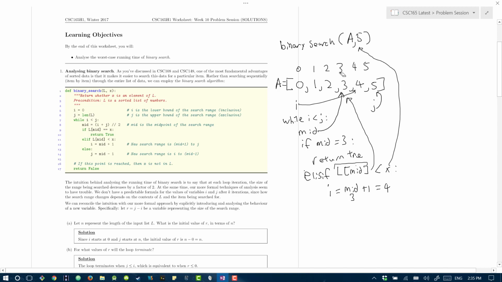And you can essentially see it checks the middle and it cuts the list in half. And now it's only looking at this part. And the same thing if we were looking for a value that's smaller than 3, like 2, then j equals the mid minus 1, and the mid is 3, so this one is 2. So now the range is here.